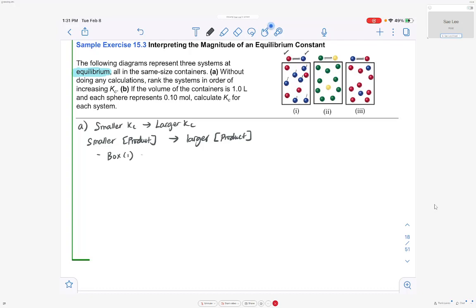Okay, has 6 products, and box 2, yellow is product, has 1 product. Box 3, red is product, 1, 2, 3, 4, 5, 6, 7, 8, 8 products.